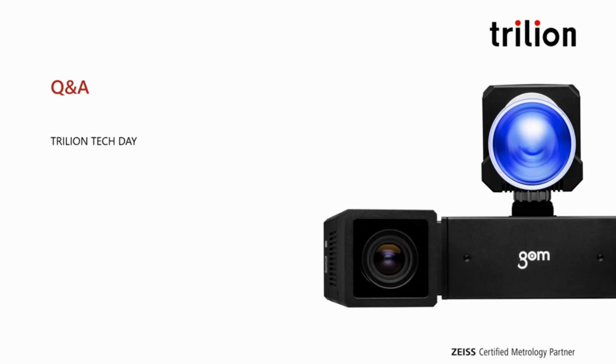How fast can we record? Basically, depending on the system and depending on how we are using it, with the Aramis system right off the bat, I think with the 24M, it can go all the way up to like 300 hertz.